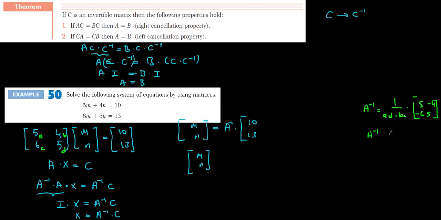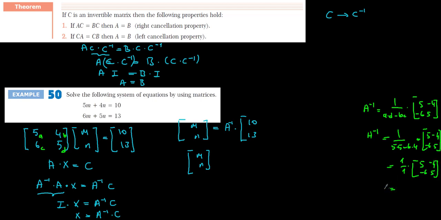So A inverse is going to be equal to 1 over (5 times 5 minus 6 times 4), times 5, minus 4, minus 6, and 5. This is 1 over 25 minus 24, so 25 minus 24 is equal to 1, times 5, minus 4, minus 6, 5.